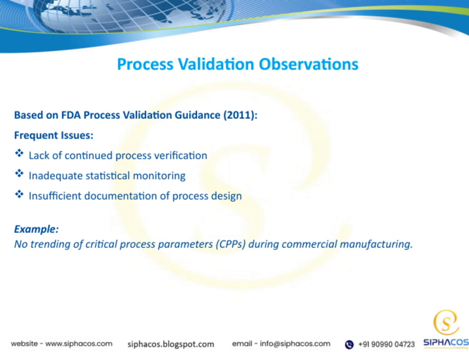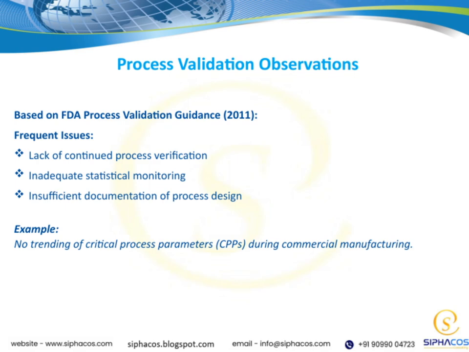A third issue is insufficient documentation of the process design. Proper documentation is critical not only for compliance, but also to ensure that everyone understands how the process is supposed to work and how it can be maintained or improved. For example, a common oversight is not trending critical process parameters, or CPPs, during commercial manufacturing.